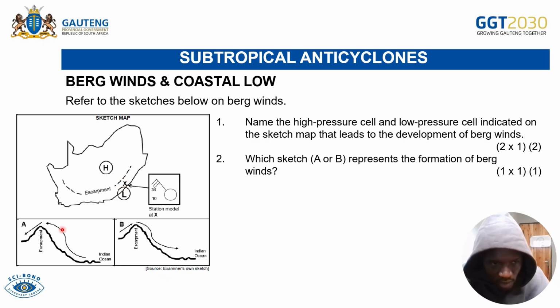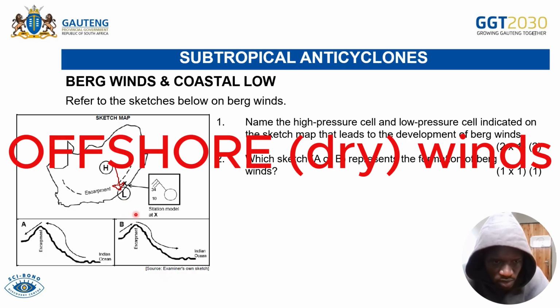If you look at option A and option B here, you can already tell that this arrow is coming from the ocean towards the land. That's onshore. I just told you that Berg winds are offshore. Let me even draw an arrow here to show you. They go from the Kalahari High towards the coastal low. They move from the high towards the low, from the land towards the coast, to our oceans.